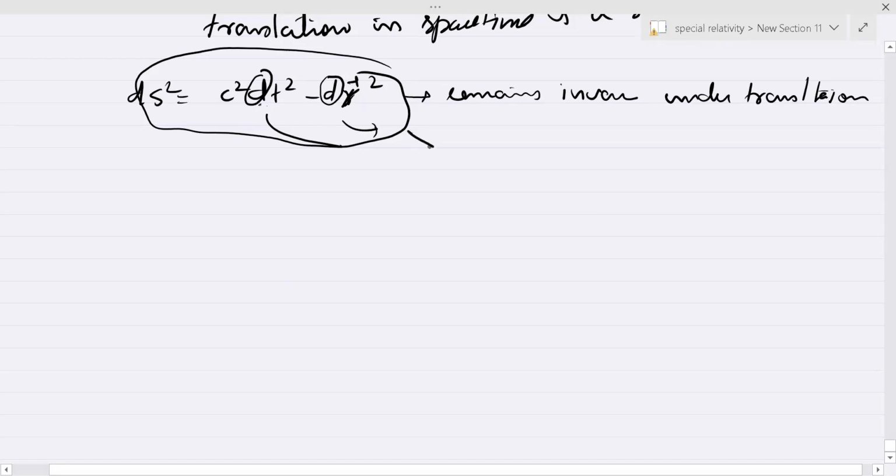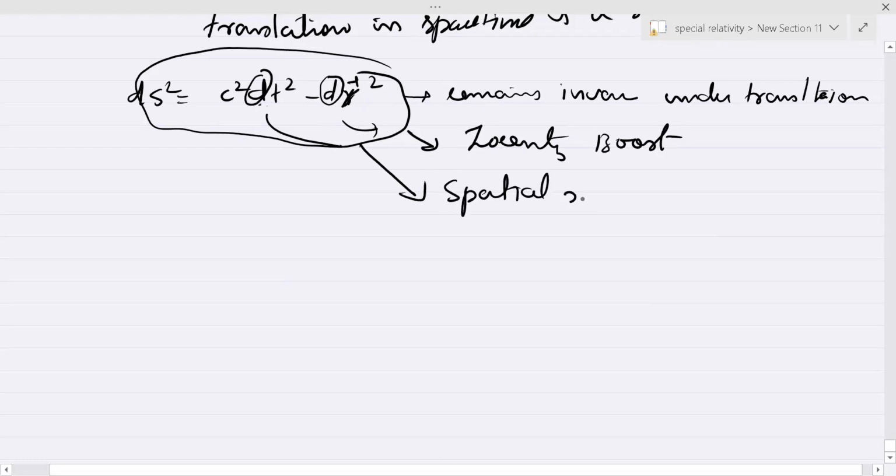We also said this is invariant under Lorentz boosts. We also saw that this is invariant under spatial rotations. Why? Spatial rotation does not affect time, it affects only the space. Let me write it clearly here: c square dt square minus dr vector square.